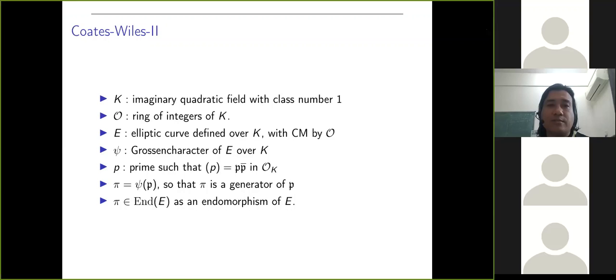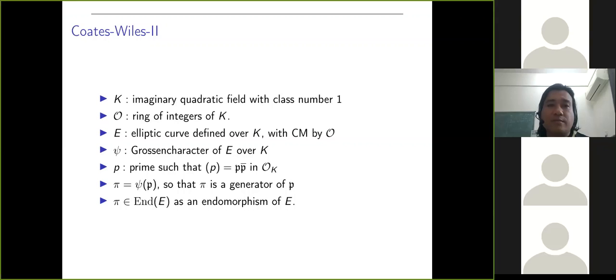I'm anticipating that I'm going to have an elliptic curve defined over K, and then I'm going to take O to be the ring of integers. That psi is the Grossencharacter of E, and P being split is very important for the method of Coates and Wiles to work. I don't think that so far this is known in the case when P is inert.